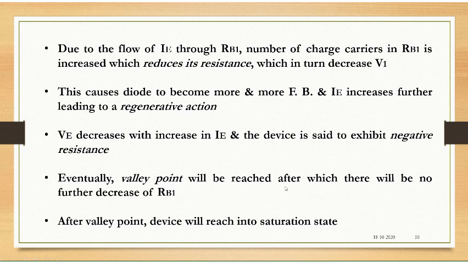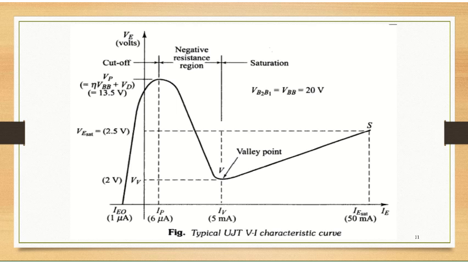The points are the same as what I have explained just now. You can pause and read it later. This is a typical UJT VI characteristic curve from the prescribed textbook, MD Singh. It provides all the typical values. For example, the peak voltage VP is equal to Vx plus Vd, where Vx is eta VBB.